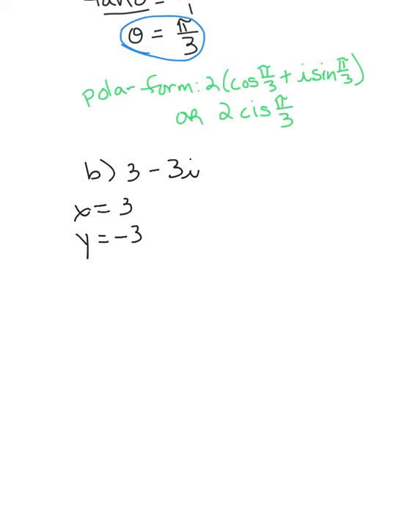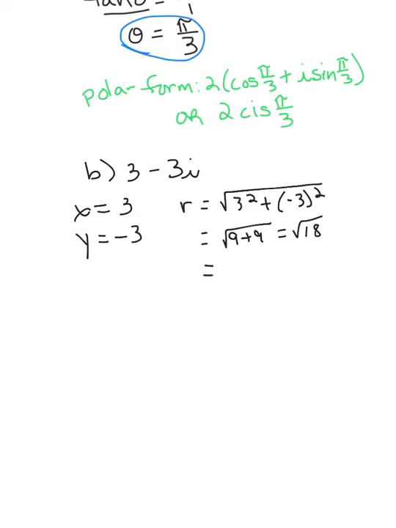To find our r, we're going to do the square root of 3 squared plus -3 squared, which is going to give us the square root of 9 plus 9, which is the square root of 18, and that simplifies to be 3 square root of 2.